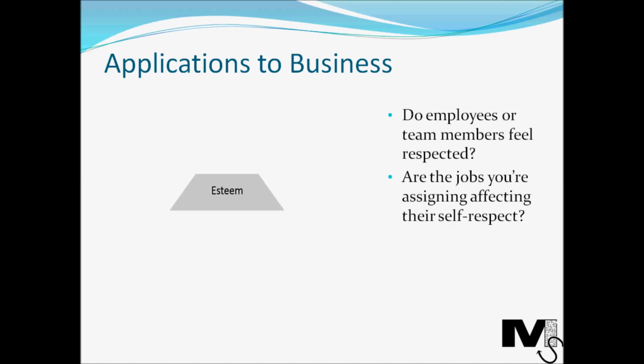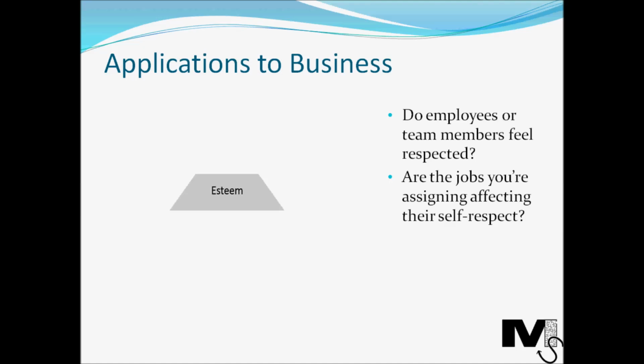Obviously, if you've got employees at a postgraduate level and you're assigning them responsibilities like changing a light bulb or fixing the wiring, and they're asked to do that on a very regular basis, there is a slight possibility that they would feel that it's beneath their self-respect.